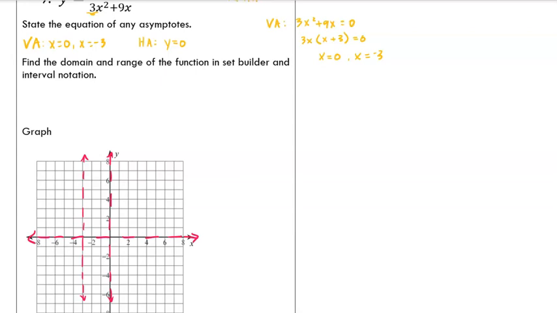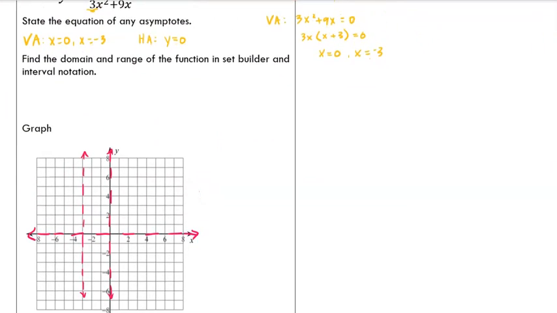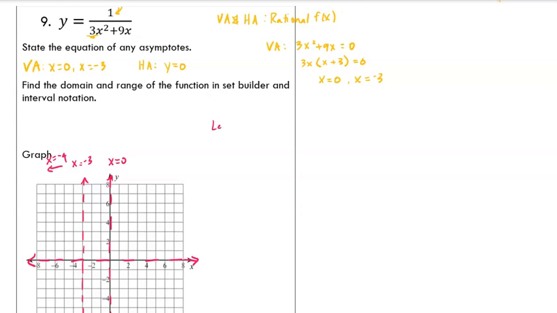Y equals 0. Let's test some points. That's less than x equals negative 3. Let x equals negative 4.